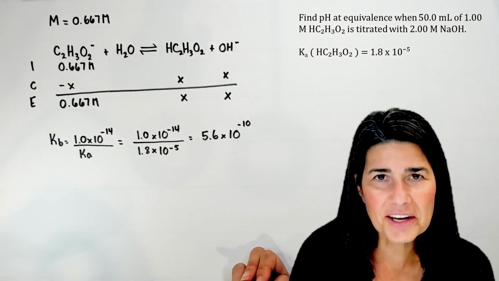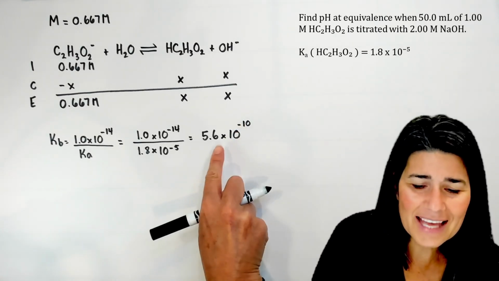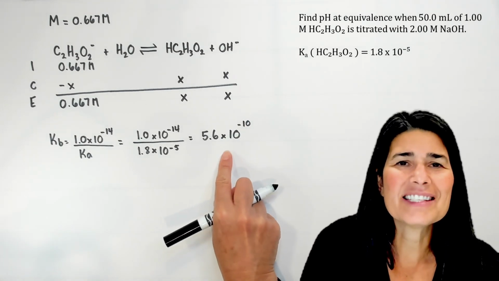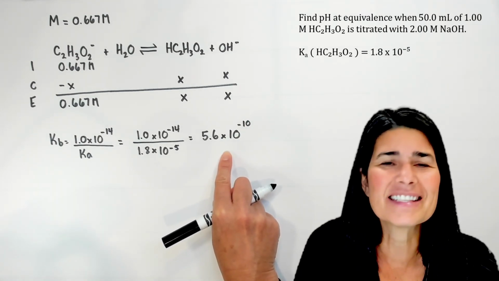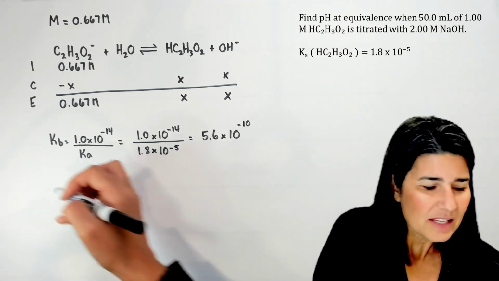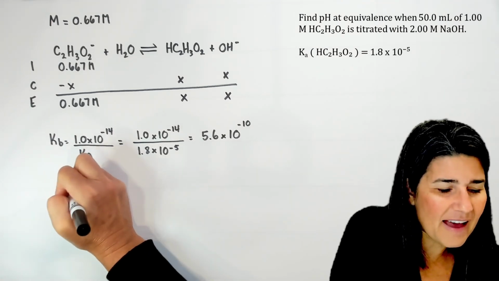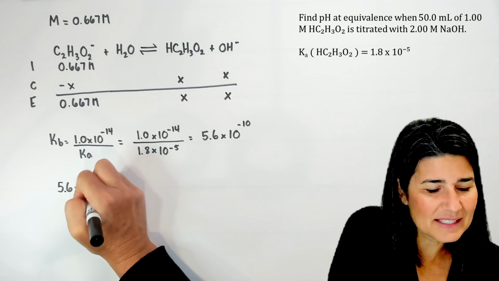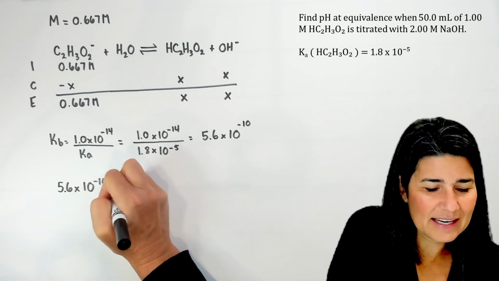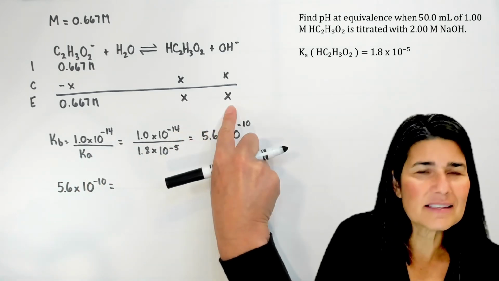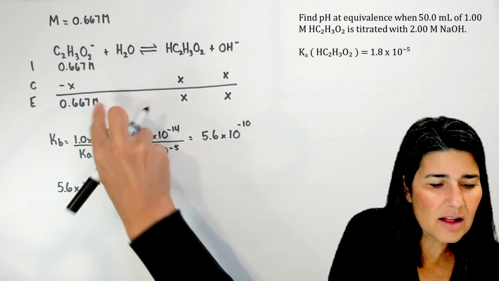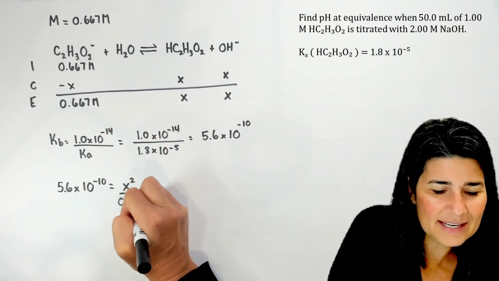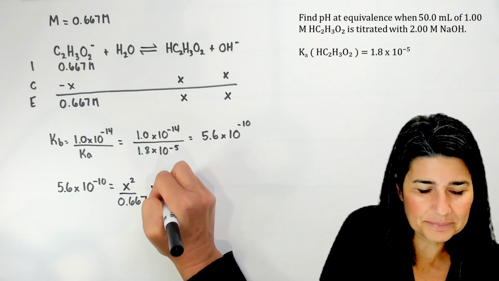All right, we have our KB. That KB value is going to be equal to your products over your reactants at equilibrium. So we're going to take our 5.6 times 10 to the minus 10, set it equal to x times x, or x squared, all over the 0.667.